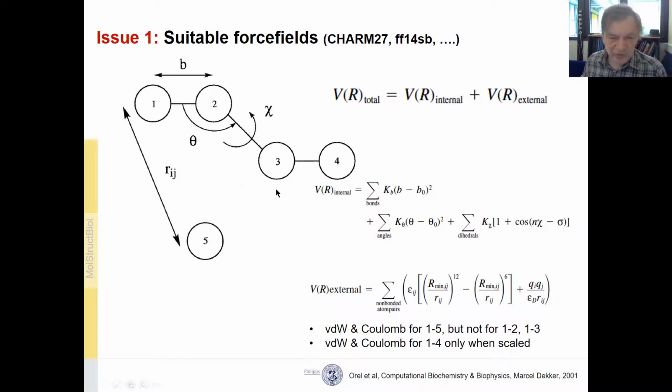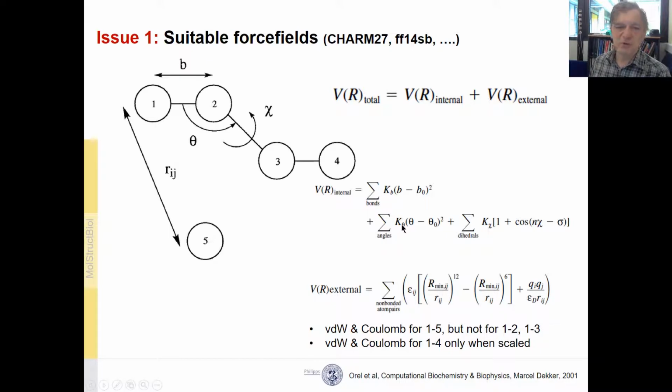They use classical assumptions and a very simple model, for example, for the bond lengths. This one here is simulated by a parabola. It's just Hooke's law, which is enough for that kind of simulations. Clearly, it's not quantum chemistry that we are doing here.